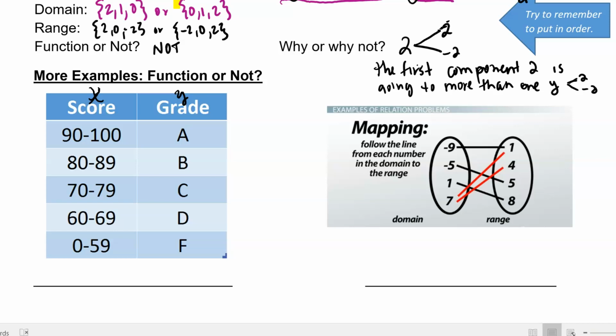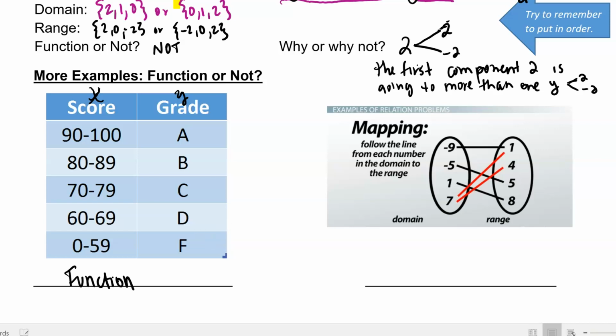It's not functioning correctly. Let's say 2 students had 75s in the class, but one of those students got a C and the other student got a B for that same 75. That's not right. That's not a function. One input goes to only one y. That's a function. So this is actually a function here.